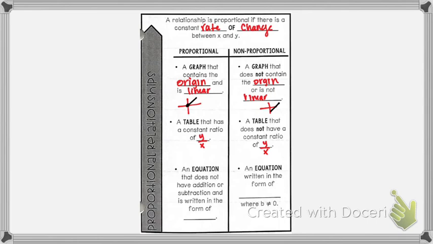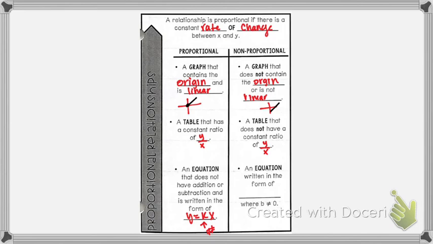Okay. In an equation, a proportional one does not have an addition or subtraction and is written in the form y = x, or y = kx in case there's a number.